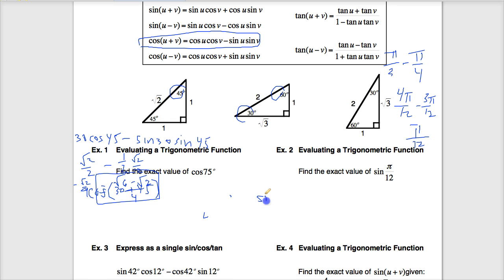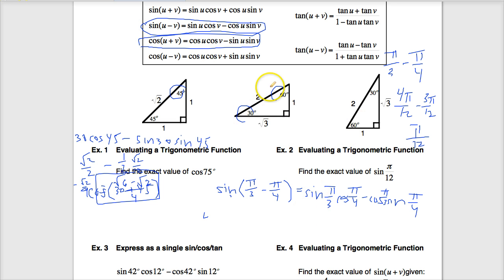Sine of pi over 3 minus pi over 4, which again means the same thing as finding sine of pi over 12, equals, and now I'm just going to apply this formula: sine of the first one, cosine of the second one, minus cosine of the first one, sine of the second one. So all I did was plug into this formula right here.